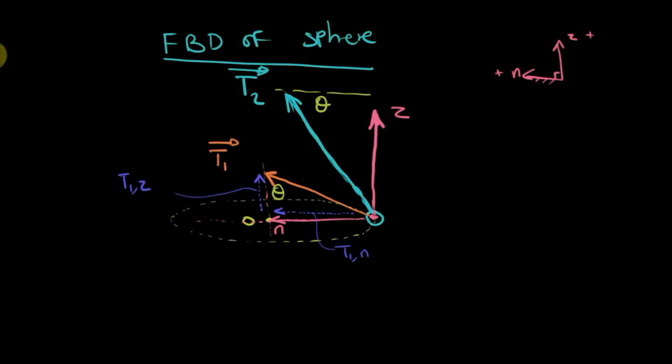In a similar manner, we'll have components for this one as well. This will be the Z component, the vertical component, and it will also have one component in the normal direction. Let's call this one T2Z. This one, let's call it T2 normal. Alright, those are components.